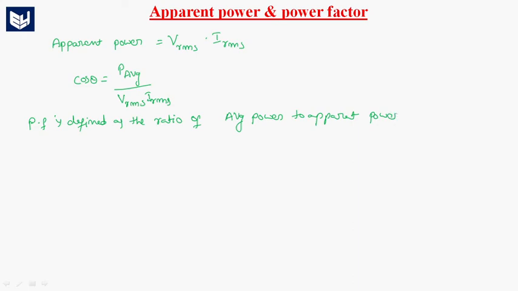In case of a sinusoidal supply, the power factor is simply the cosine of the phase angle between voltage and current.